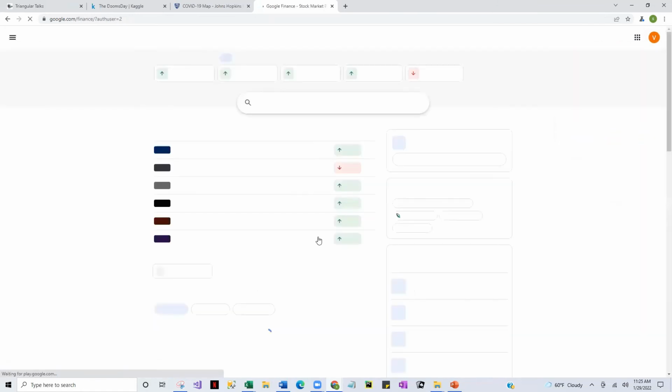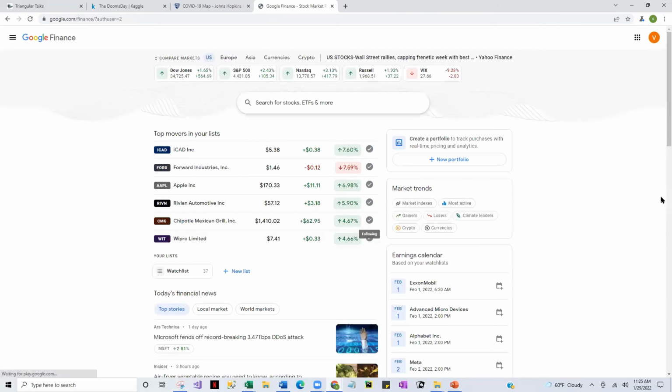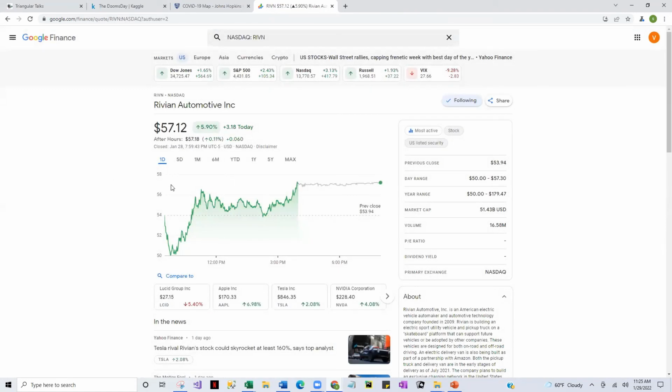I'm going to show you a few more charts before we go to our histogram. So if you look at that, I'm going to just look at this chart.